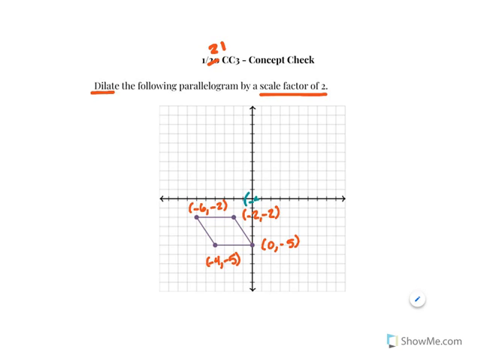So here we would have -4, -4, 0, -10, -8, -10, and -12, -4. And you just need to graph those new points now. So we'd have -4, -4.